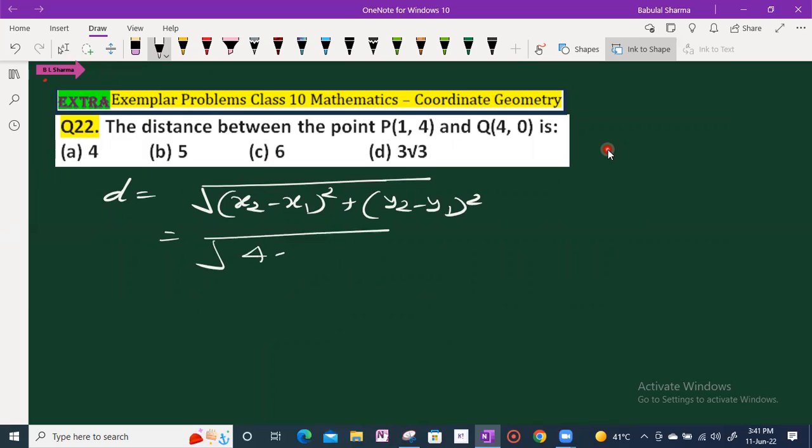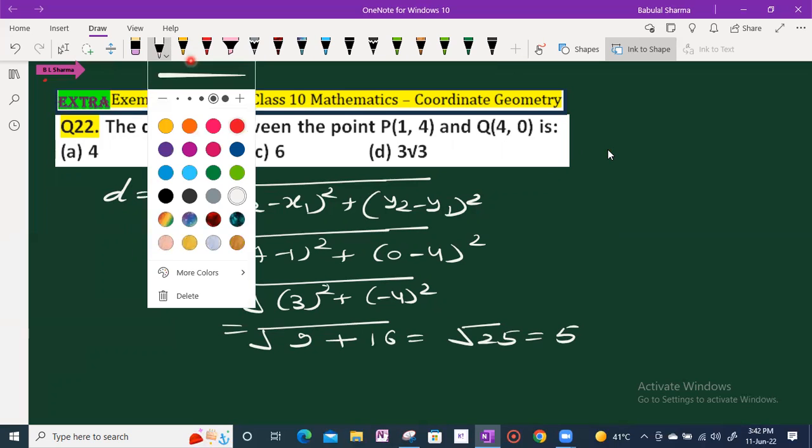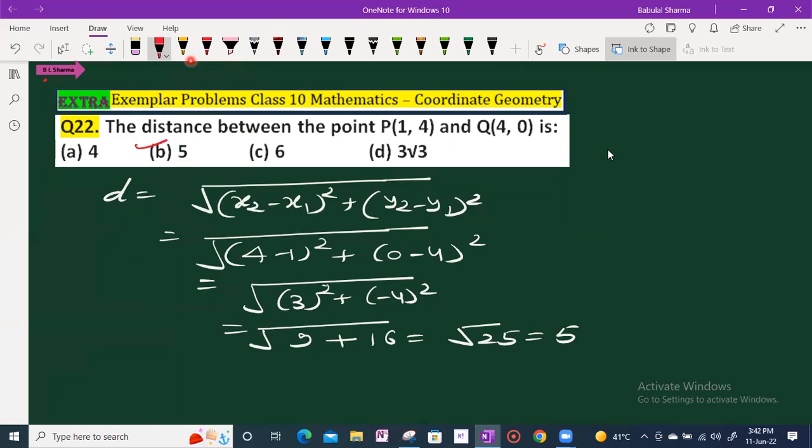Here x2 is 4 minus 1 whole square plus 0 minus 4 whole square, that is 3 whole square plus 4 whole square. 3 whole square is 9, plus 4 whole square is 16, that is 25, so 5. Therefore, the answer of this question is B, that is 5.